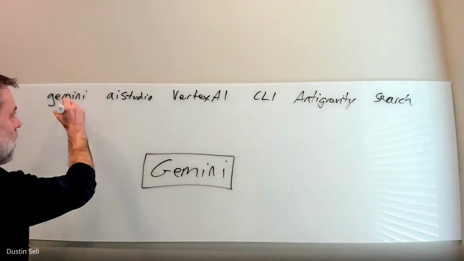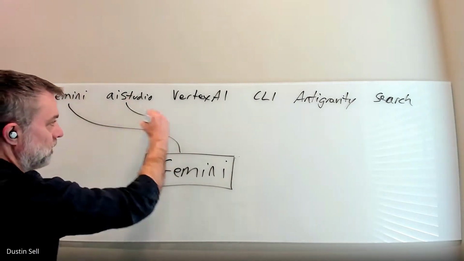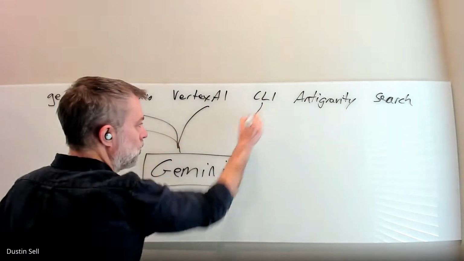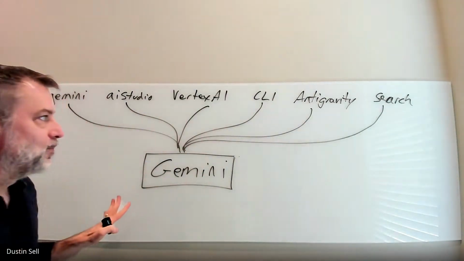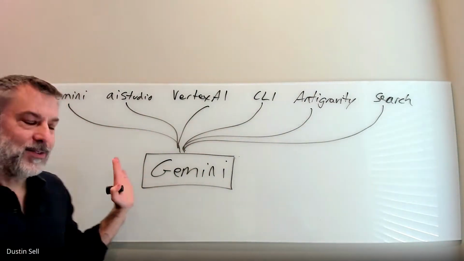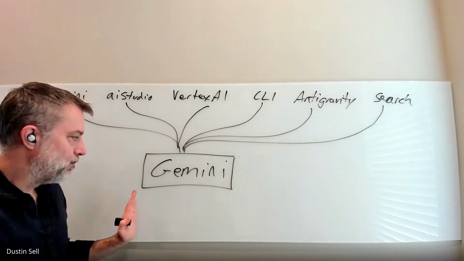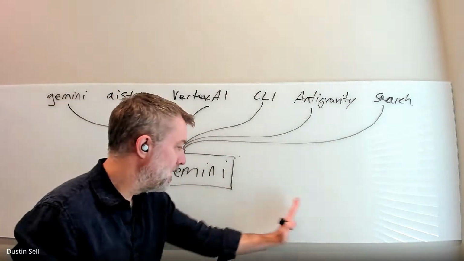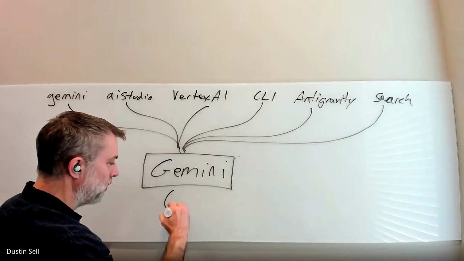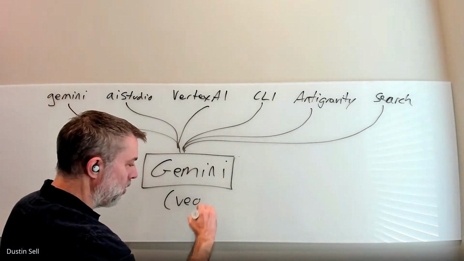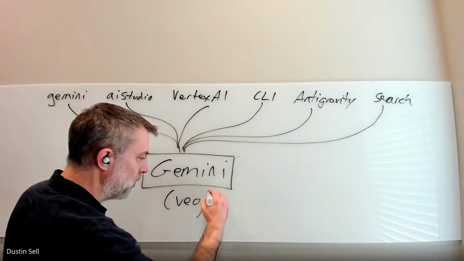But all of these interfaces, if you will, leverage Gemini. But it's more than just Gemini, because we have many, many versions of Gemini, but then also other models. So there's Veo for generating videos.